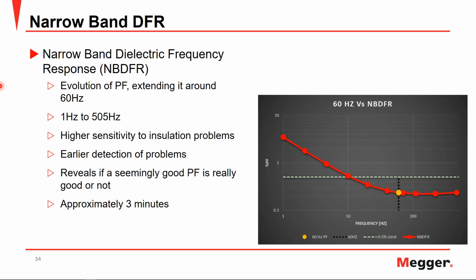Our 60 hertz value is 0.2, but our 1 hertz value, you can see, has significantly more sensitivity and is at 3. So this gives you a little bit more insight into the full condition of the insulation by not only having your 60 hertz value, but also having the higher sensitivity of the 1 hertz that allows you to determine whether or not there's need for action based on the power factor or your narrowband dielectric frequency response measurement.